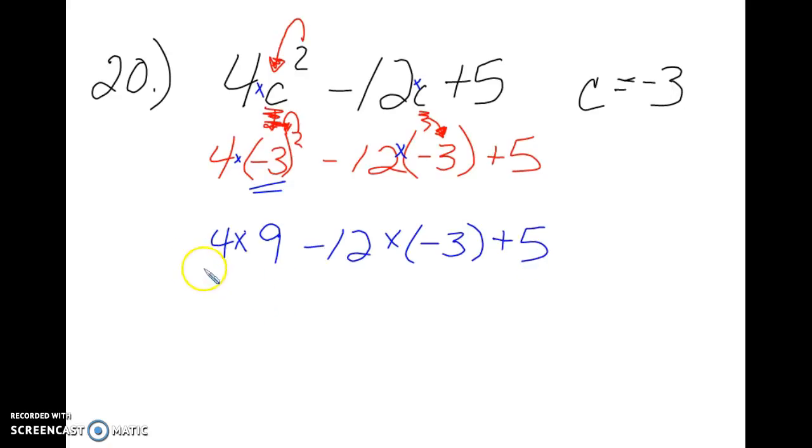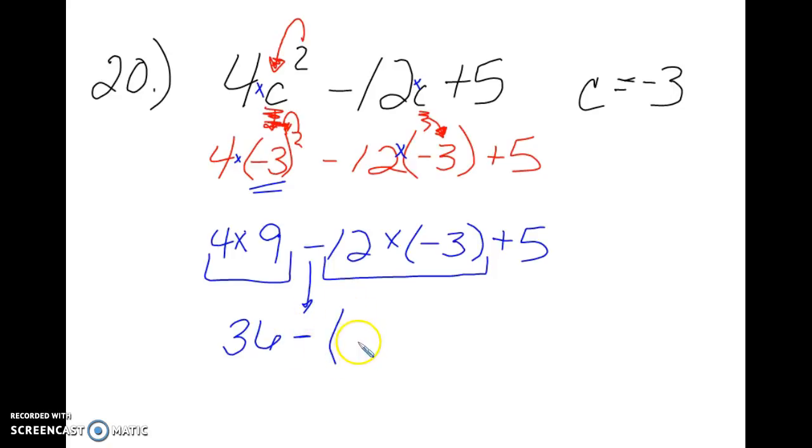and here we go. Next up, multiply and divide from left to right. There's 36. 12 times a negative 3. Drop down this side. What's 12 times negative 3? Negative 36. Thank you. And plus 5 at the end. We're subtracting. What do we remember?